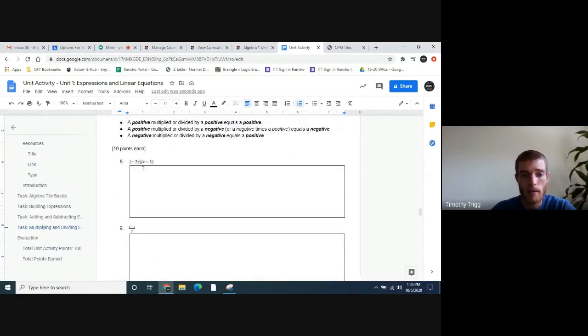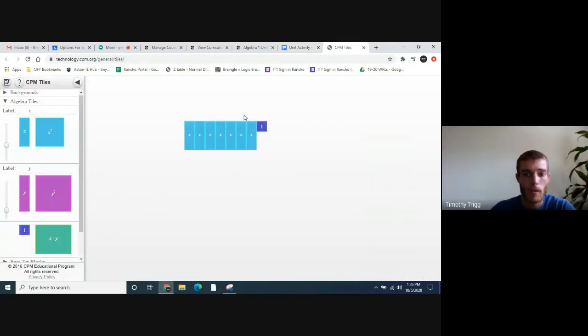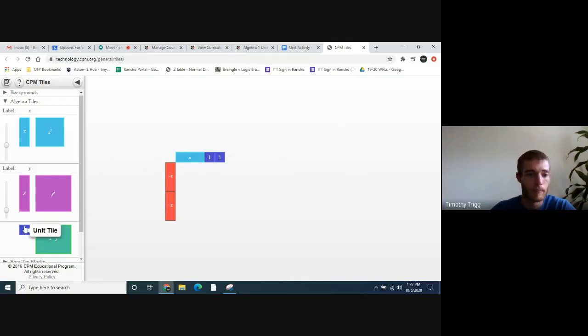So negative 2x and then x minus 3. So what we're going to do, negative 2x, and then on the top here, we'll do x minus 3. So since it's minus 3, it's like this.